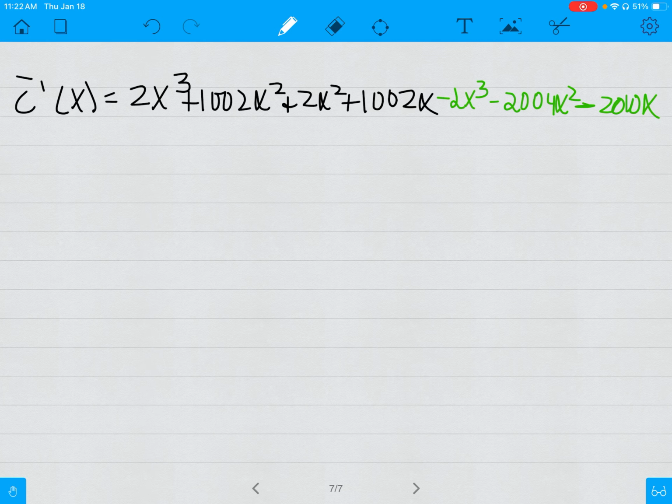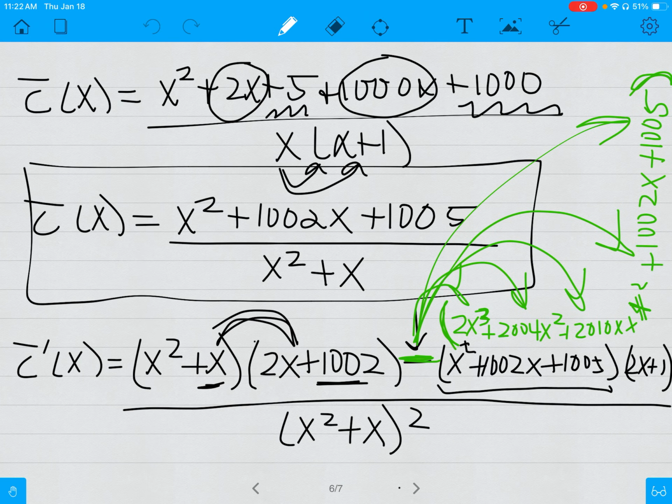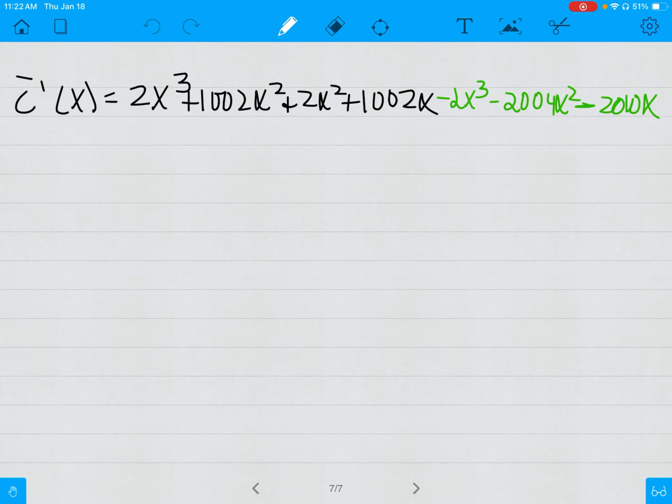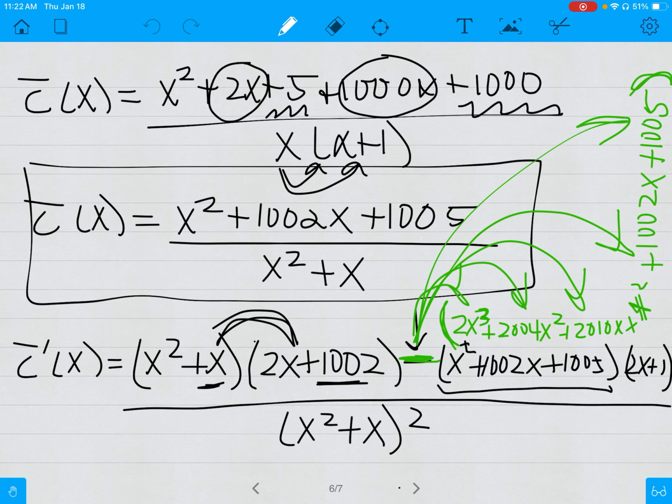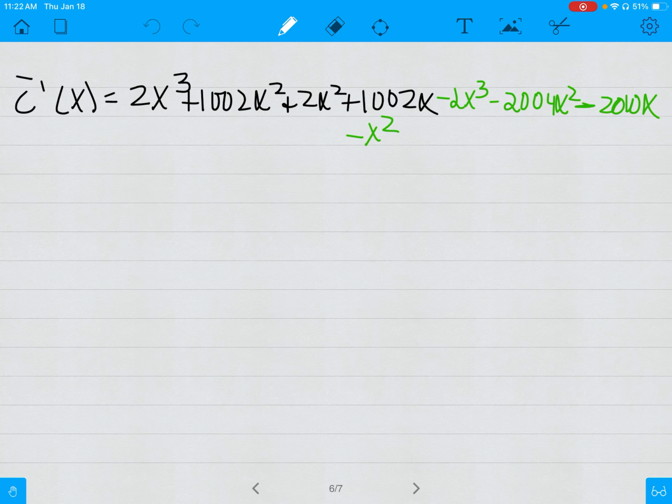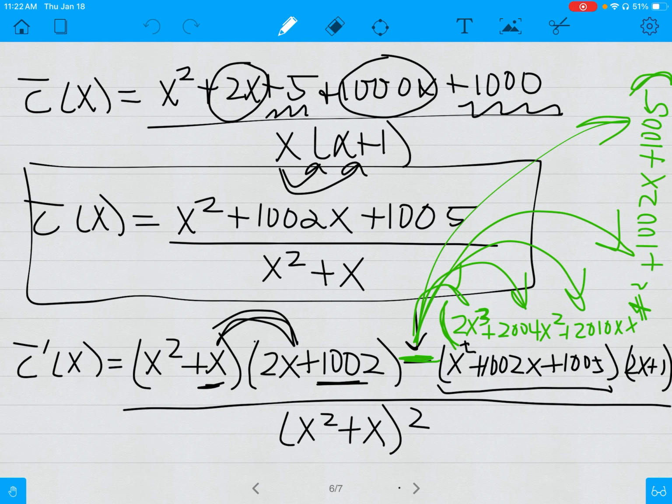Then we have a minus x squared, minus 1002x, and then we have a minus 1005.